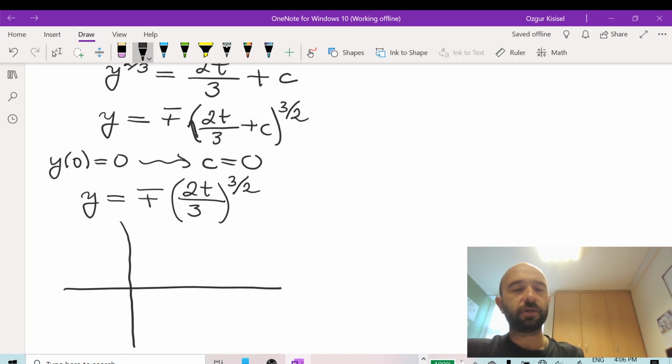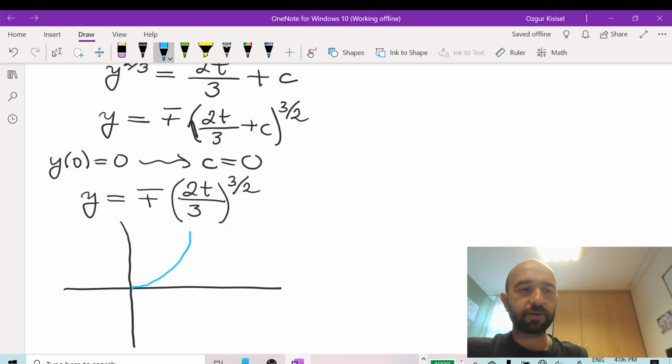Now the graph looks like this. I don't know if you ever graphed t to the power 3 over 2, but it is somewhere between y equals t and y equals t squared, so somewhere between a line and a parabola. In case it looks something like that.